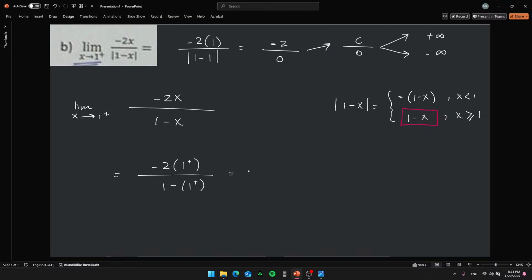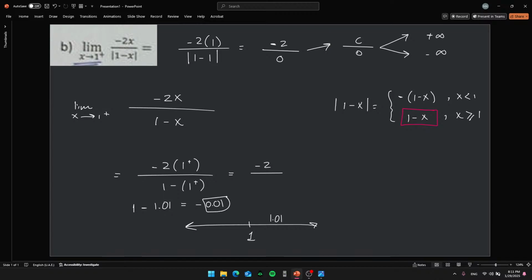So negative 2 times 1 from the right is negative 2. You can think about it as negative 2 times 1. But for the denominator, 1 minus 1 from the right. So let's draw the number line again. This is 1, and 1 from the right, maybe 1.01. So 1.01 is greater than 1. So I'm subtracting a larger value from a lower value, so I will get negative 0.01.